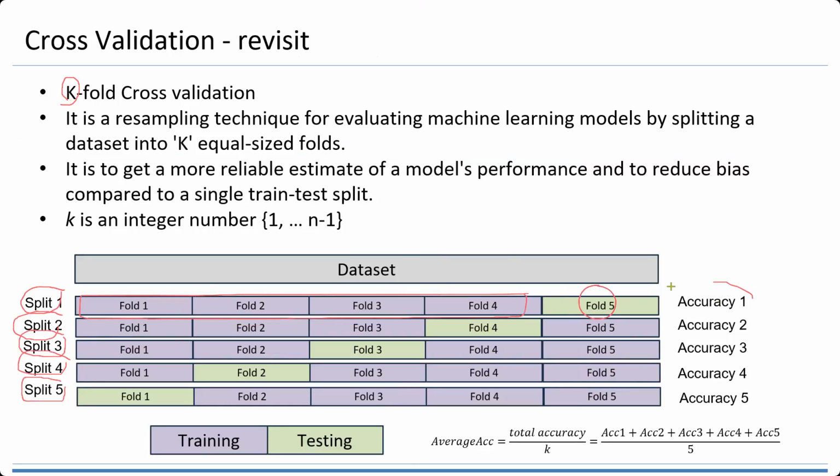And then we can get the accuracy for the split one. If this is the testing, the remaining is the training, and we get the accuracy, and so on. After we calculate all the accuracies, we can get the average accuracy.